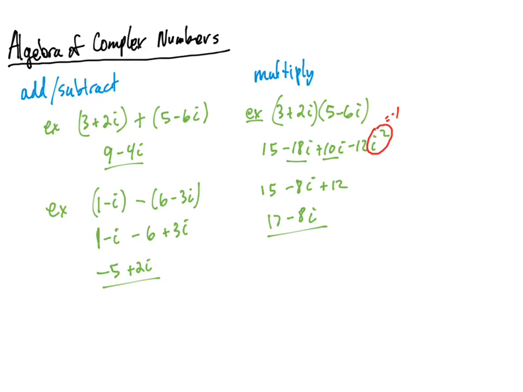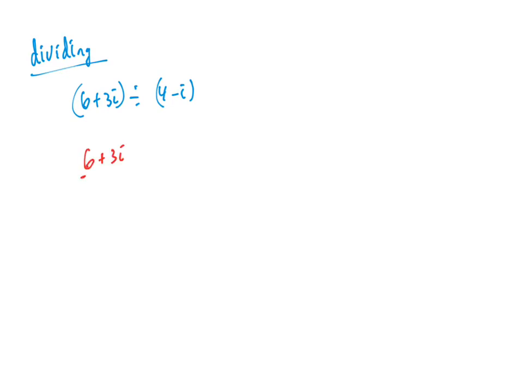Okay, so the thing to keep in mind when we're multiplying complex numbers is that i squared that we'll often end up with. And then dividing complex numbers, let's look at a new slide here. If we have something like this, two complex numbers getting divided, well, we know that we can write a division problem as a fraction.